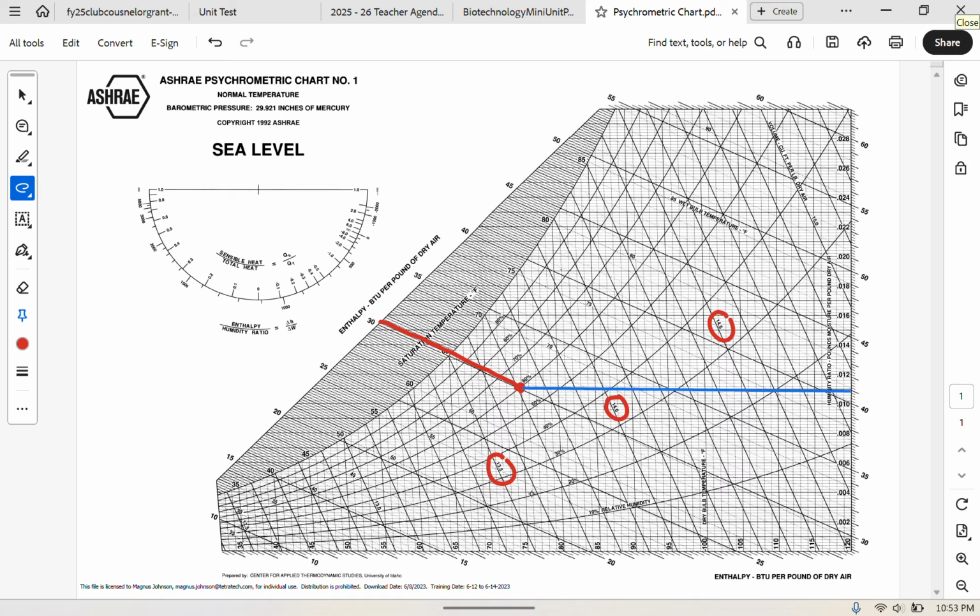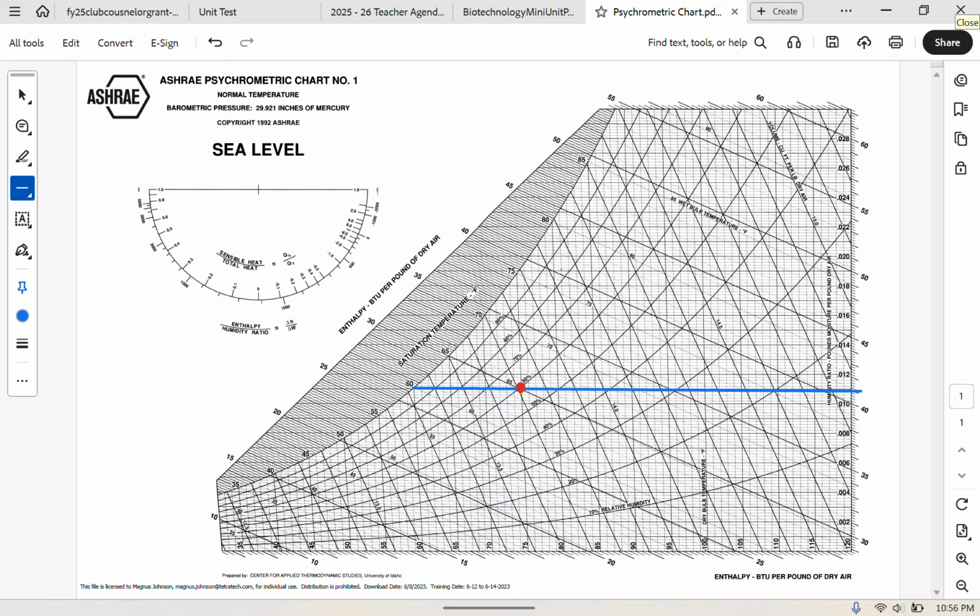So our value here lies at approximately 13.7 cubic feet per pound of dry air, and that's just the inverse of the density of the air, because as the air increases in temperature, it becomes less dense, but as the humidity increases, it becomes more dense.